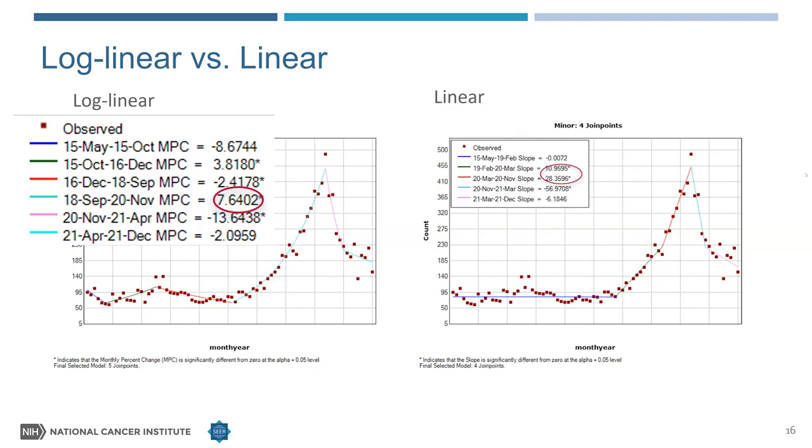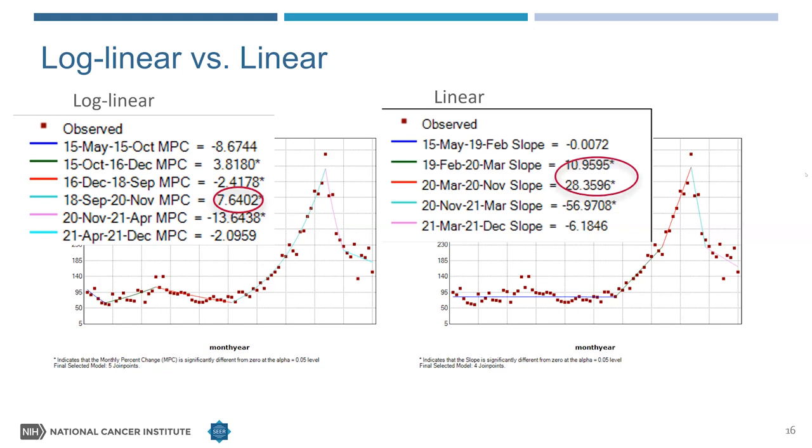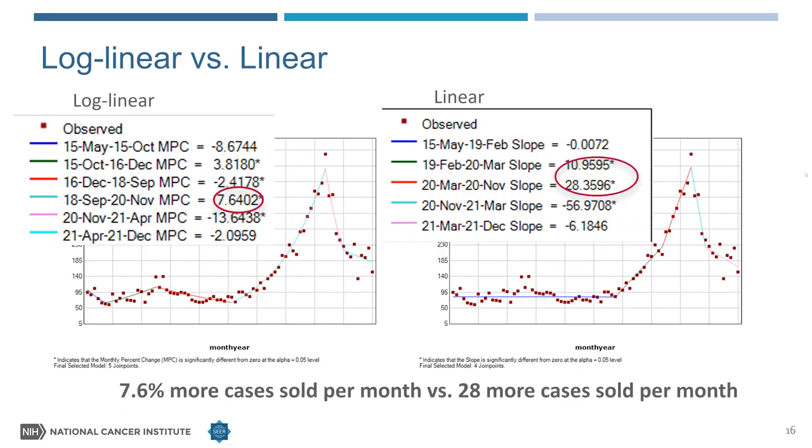In the right figure, where a linear scale is used, around the same period, we see an increasing trend in two segments, one from February 2019 to March 2020, and the other from March 2020 to November 2020. From March 2020 to November 2020, the increase is about 28.36, which means there are about 28 cases increase every month during the period. The main difference between the two figures on the left and right is how to interpret the changes.